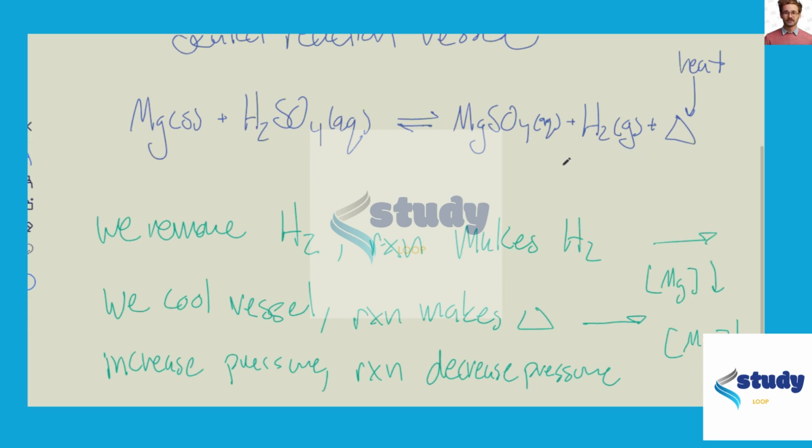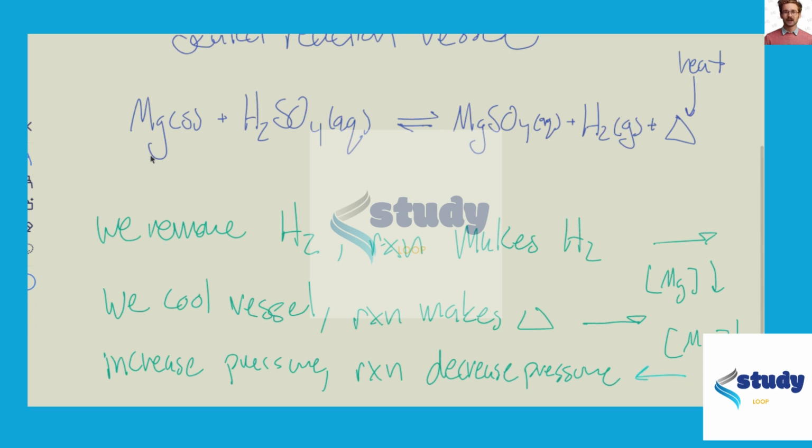Okay, so H2 gas, if we're increasing the pressure, like that's what we're doing with the controls, the reaction wants to counteract that by decreasing the pressure, then it needs to decrease the concentration of H2. Right? The only way the reaction can decrease the pressure is to push to the left and get rid of H2. Right? So this time the reaction pushes backwards.